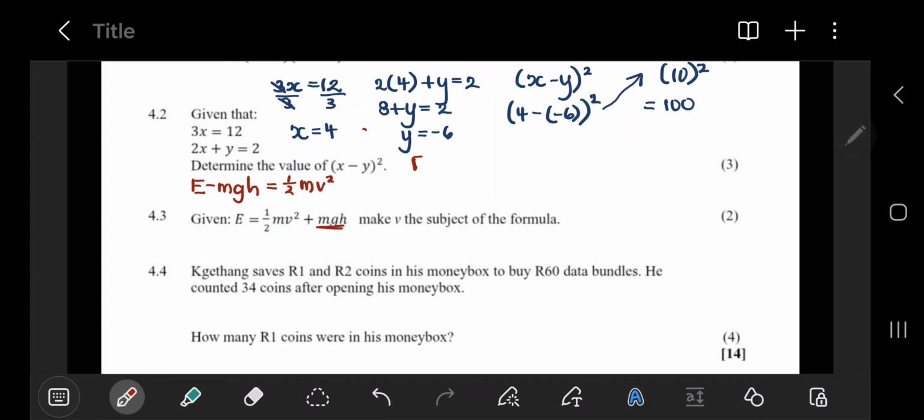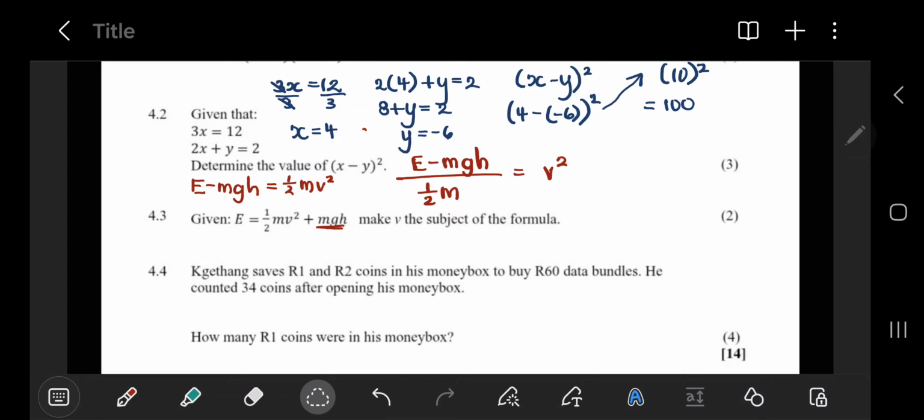So here we get (E minus mgh) over a half m, and on the right hand side we have a half m v squared over a half m. What actually happens here on the right hand side is the half m's cancel out. Since they cancel out, I'm just going to erase them, and we are left with v squared on the right.